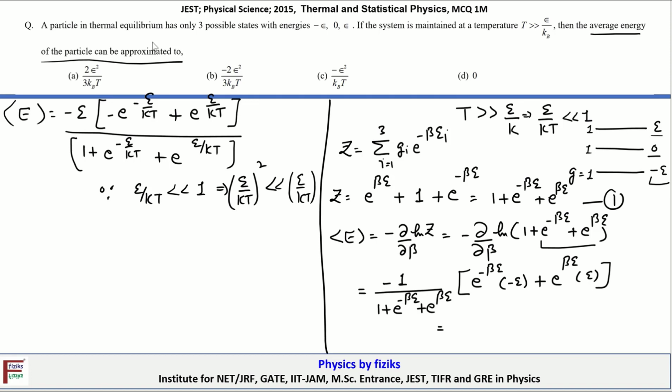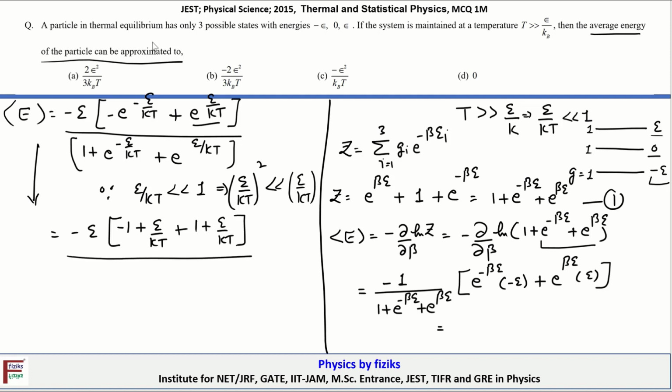So this reduces to minus E, and inside we will have exponential minus E upon kT, that gives 1 minus E upon kT, but with the negative sign outside it will be minus 1 plus E upon kT, and then expansion of the second term, 1 plus E upon kT.